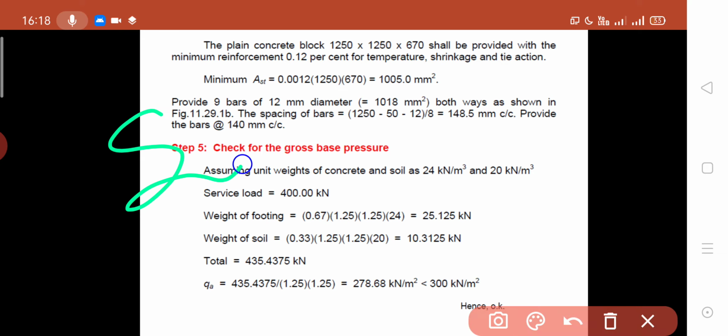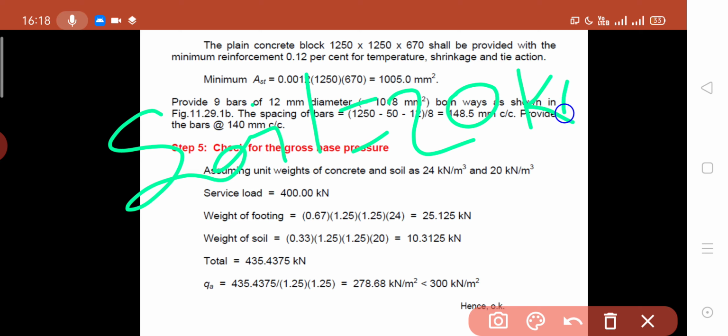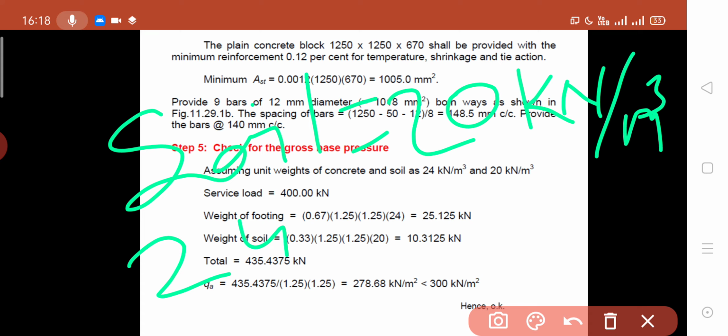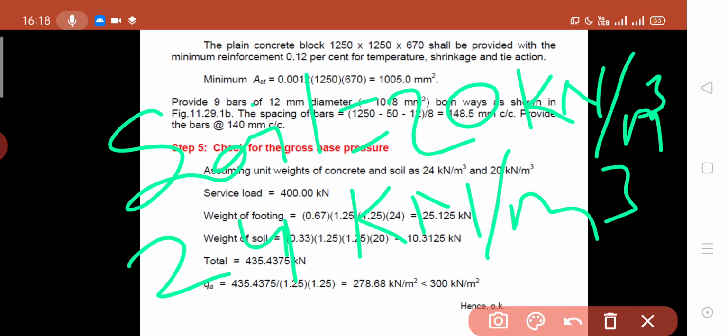For the soil unit weight we take about 20 kilonewton per meter cube, and for the concrete we take a unit weight of 24 kilonewton per meter cube. In many books we also take 25 kilonewton per meter cube, and the service load is 400 kilonewton.